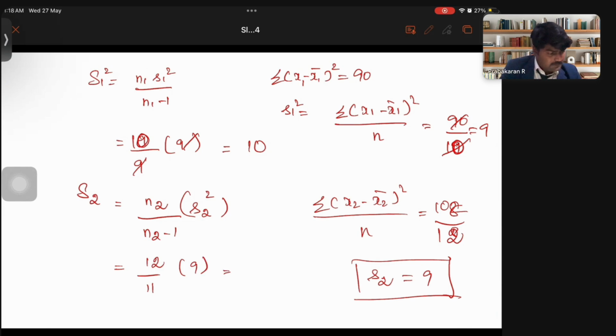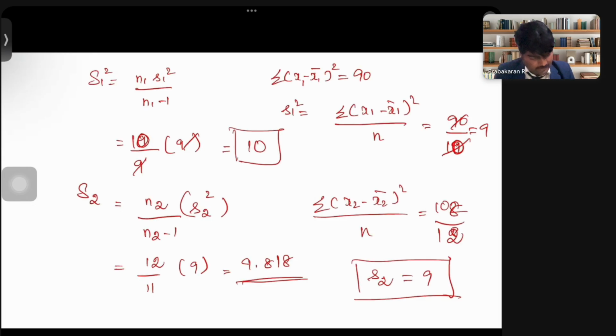The value of capital S2 square is 9.818. You can use your calculator for this. So we have got the S1 square value as 10 and the S2 square value as 9.818.